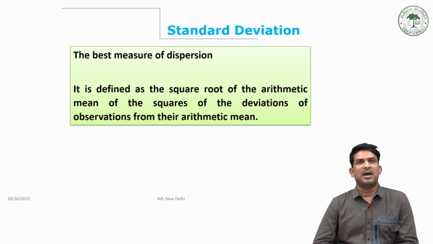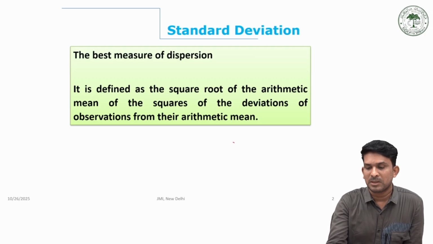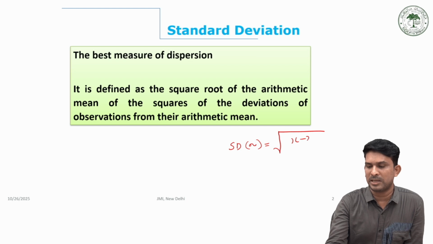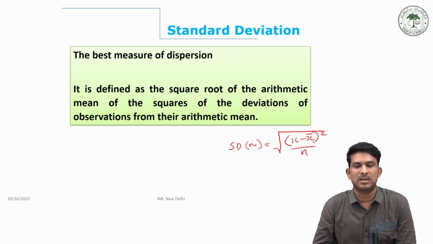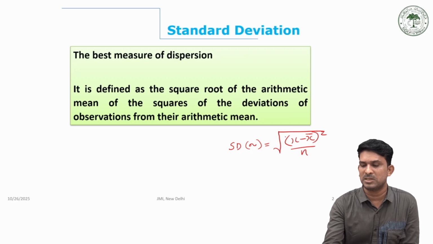For a non-group data, standard deviation, we simplify through this as square root of x minus x bar the whole square by n. This was the equation we have mentioned, that is square root of arithmetic mean of, I'm sorry, I just forgot, sigma.